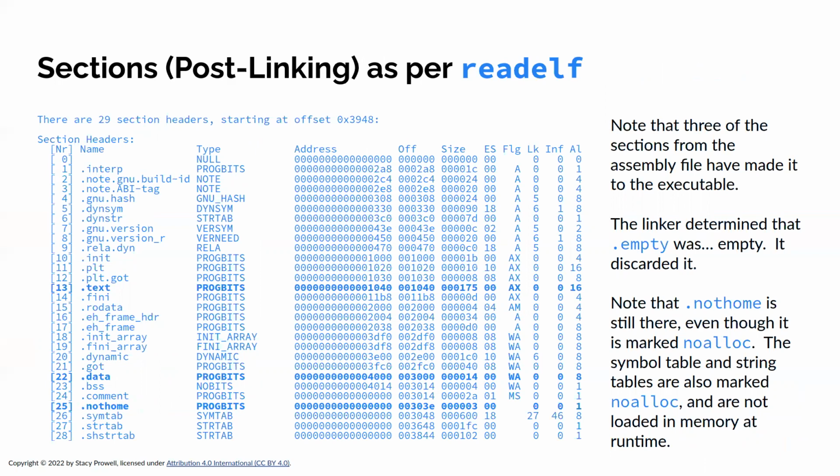Holy cow. I just said the sections aren't used post-linking, so why did the linker add so many? Well, it added a lot of metadata to our program, information that you might want to use later on, like the version of GNU, the interpreter to be used, and we'll talk about that later too. It added some notes. It added a hash.